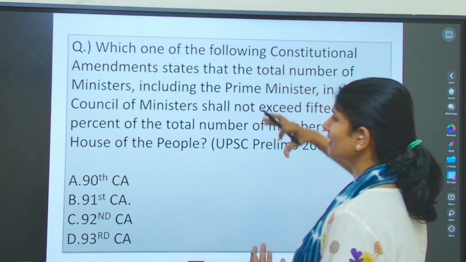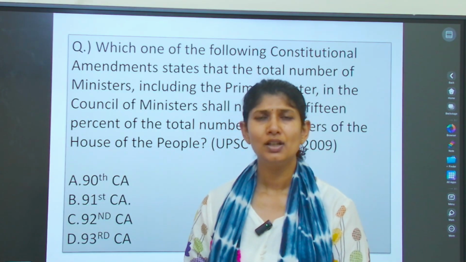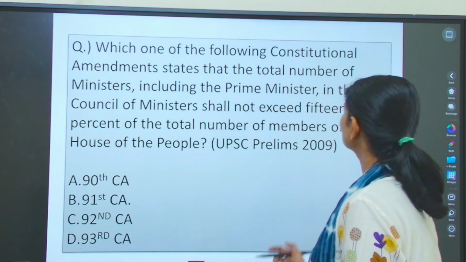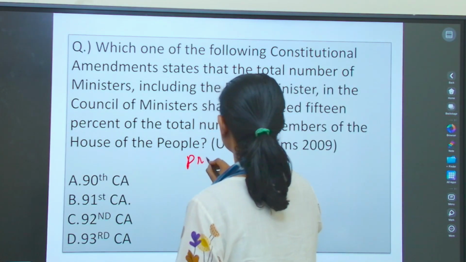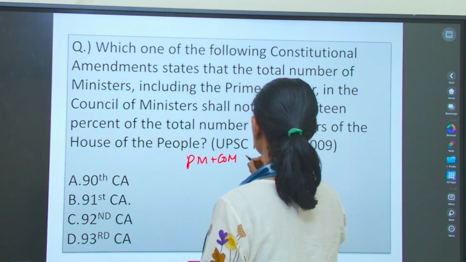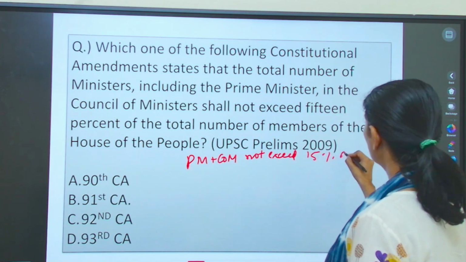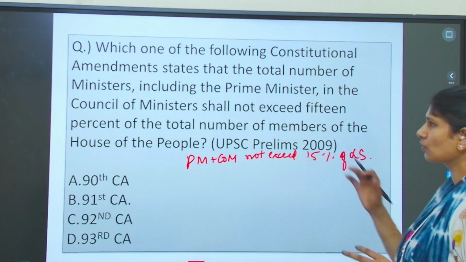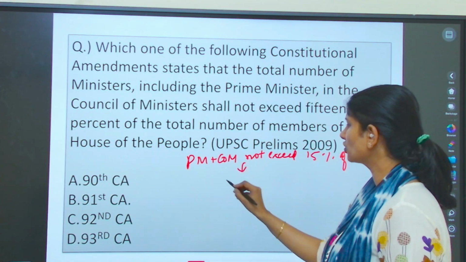Now, when there is a long statement question, it gets very easy to get drifted off. So break down the question into smaller chunks. What are they asking? Total number of ministers, PM plus COM, shall not exceed 15% of LS, House of People. So this one statement is what the question is asking. They are telling this provision was brought about in which amendment?